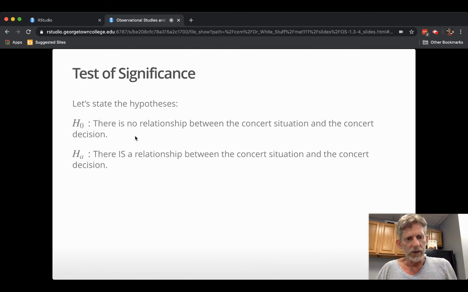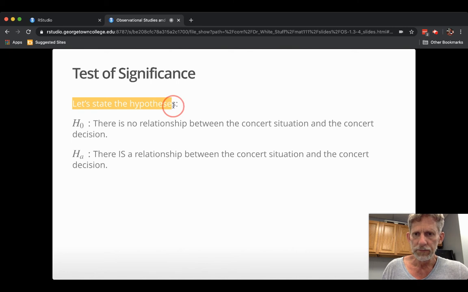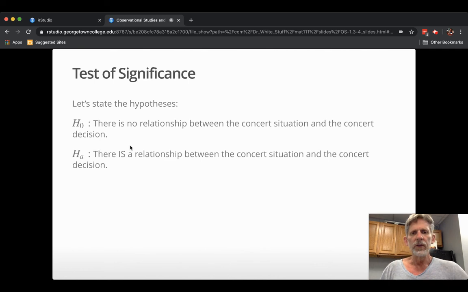And to kind of look forward to some future chapters, let's introduce some terminology around inferential questions like this, where you're inferring from the data back to maybe a pattern that's out there in the real world. Let's state two hypotheses. First, what we call a null hypothesis, H sub 0. There's no relationship between the concert situation and concert decision.